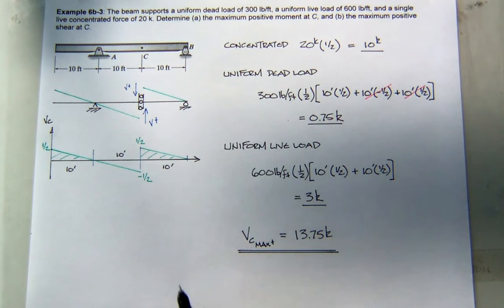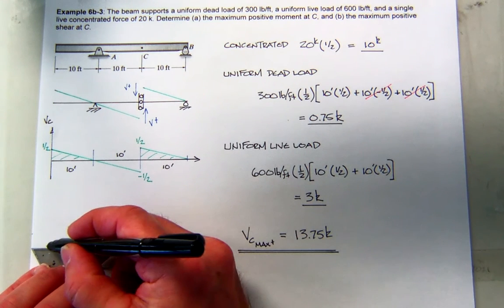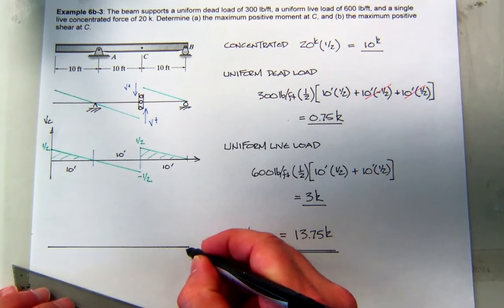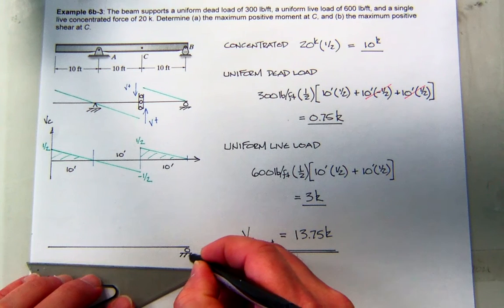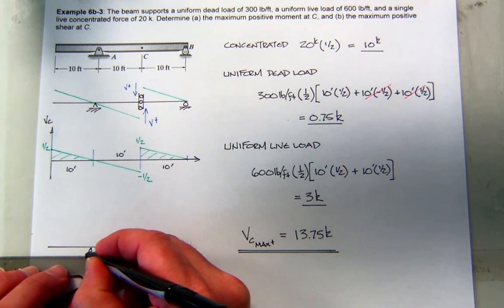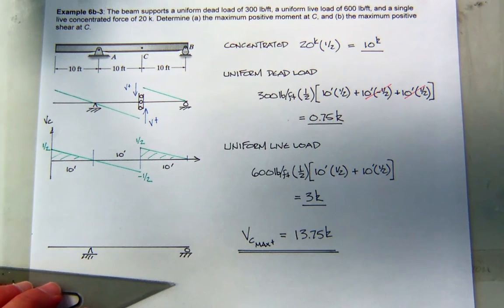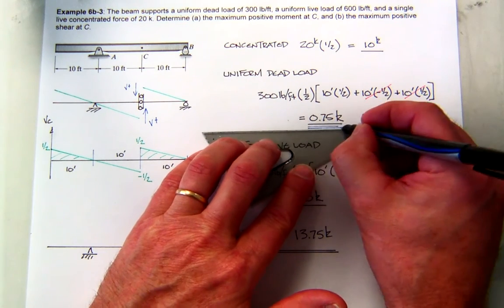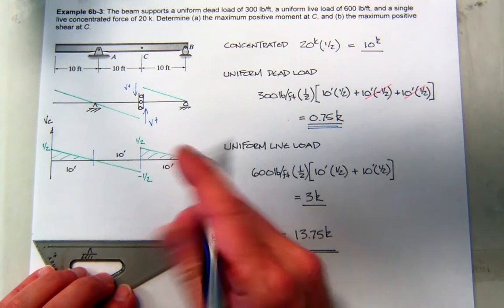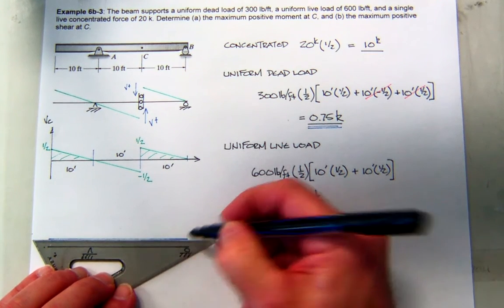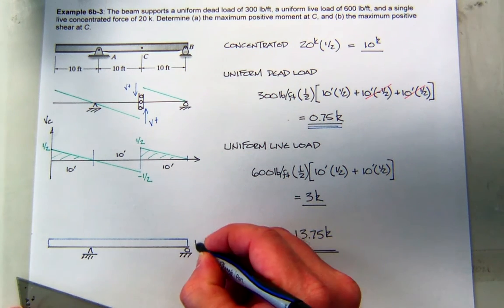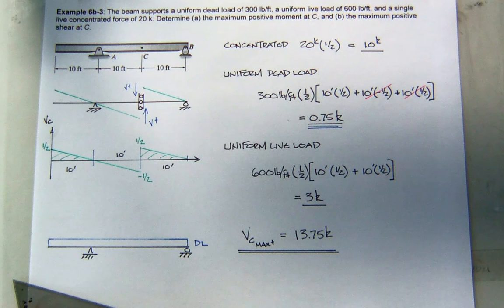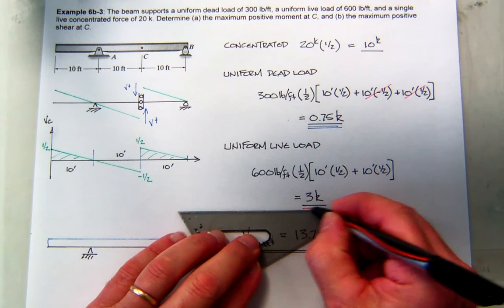Now I've got a little more space here, so I want to show you what this looks like. Let me redraw the beam with my roller at B and my pin at A. We'll start with the dead load. I'll put a blue line underneath that, and I just wanted to show you that the dead load runs the entire length of the beam. Let's do the uniform load, which is going to be the 3 kip contribution.